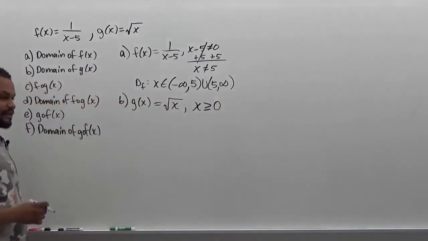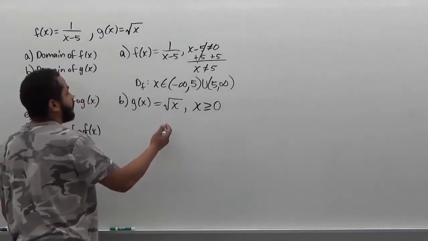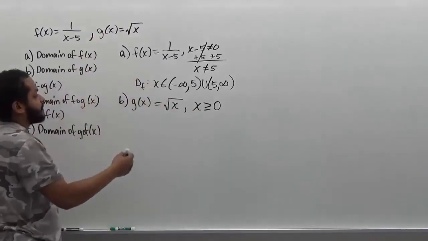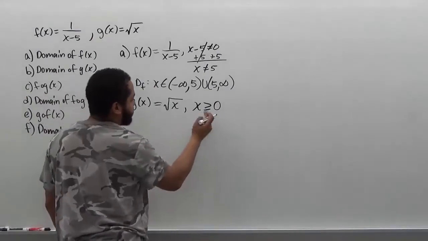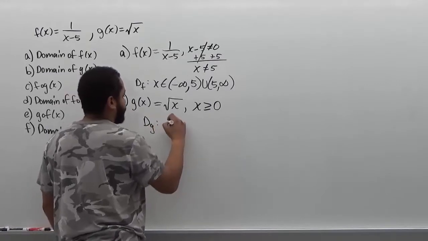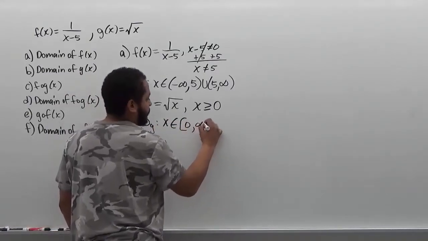You just have to set the inside greater than or equal to 0, except for the case when you have it in the denominator, when it can only be greater than 0, because the fraction itself cannot have a 0 in the denominator. So our domain exceptions are everything below 0, and we'll say the domain of the g function is x belongs to, beginning with 0 inclusively, all the way to infinity.